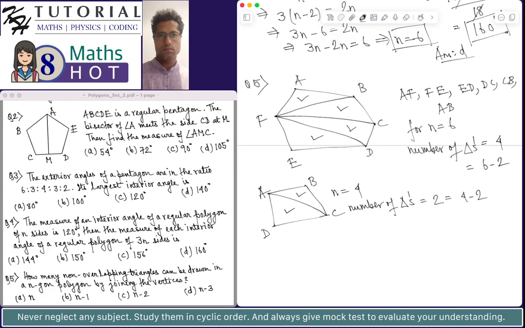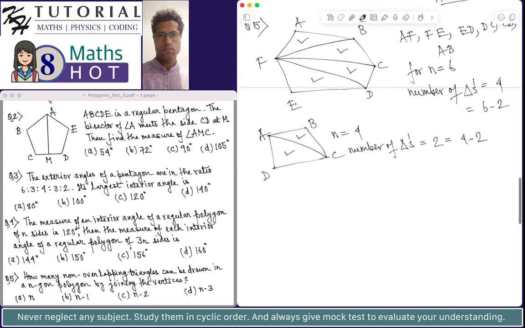So it is kind of n minus 2. Let's see if it is the case for a pentagon. Basically I am doing a trial and error method. I am checking whether n minus 2 will be the correct result or not, so I am taking a few values of n.